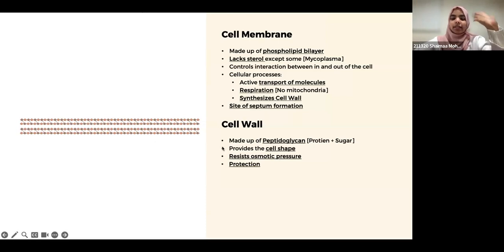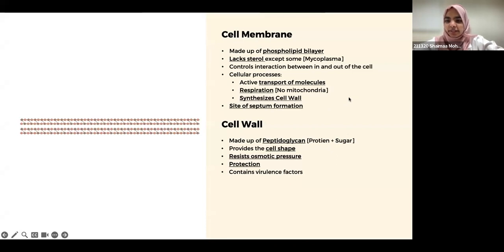Another thing is that it's going to protect the bacteria, which makes sense. It's a wall around the bacteria. And another thing is that it contains virulence factors. So what are virulence factors? Do you guys know what virulence factors are?